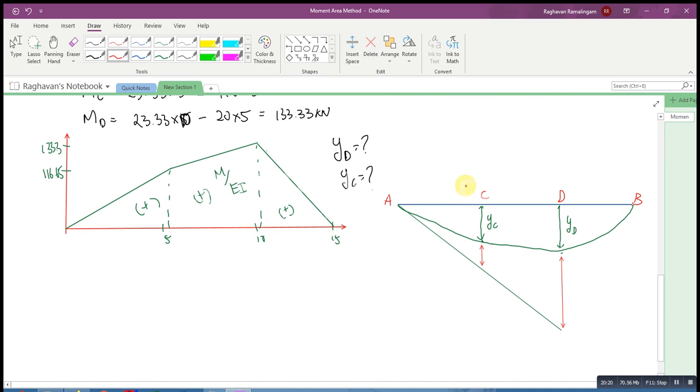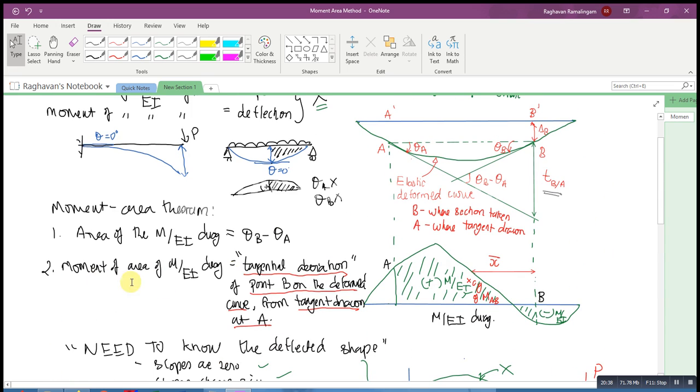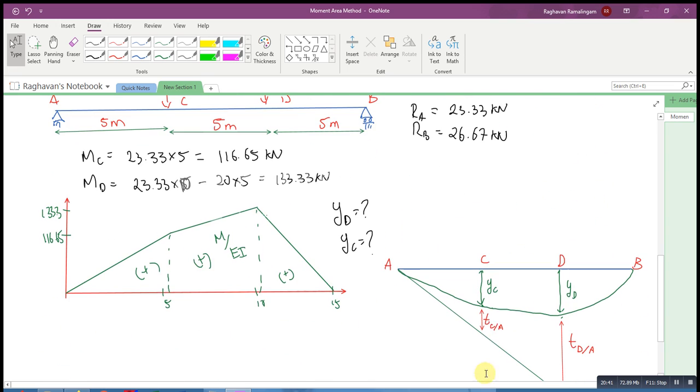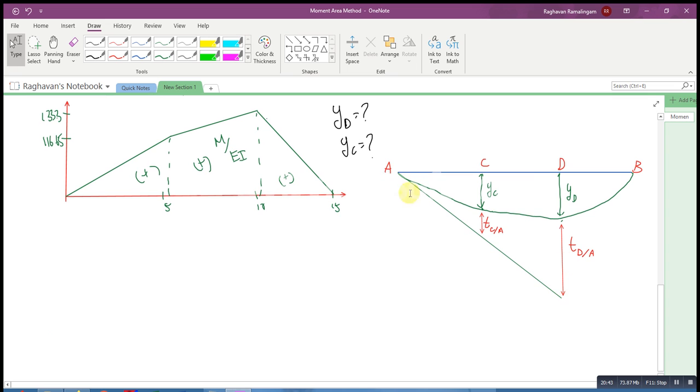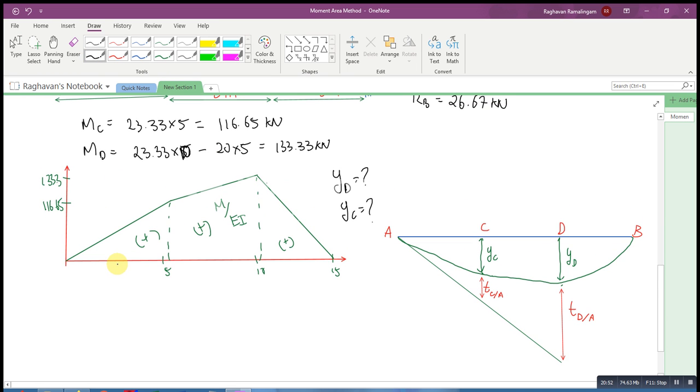So this is T C slash A, meaning the tangential deviation from C to the tangent drawn from A. And this is T D slash A. Now my job is to find TCA and TDA, which is nothing but the moment of the M by EI diagram from C to A or D to A, the moment taken about the point C or the point D. So let's go ahead and do that.